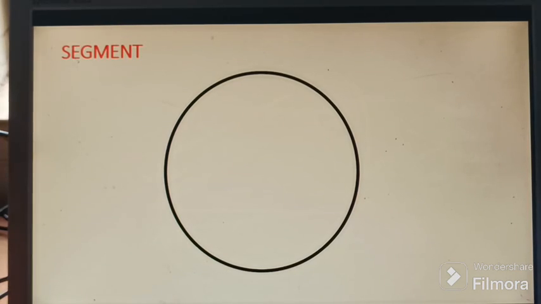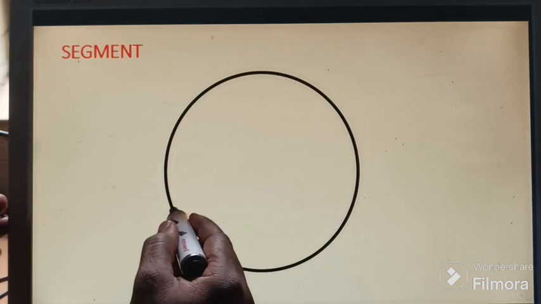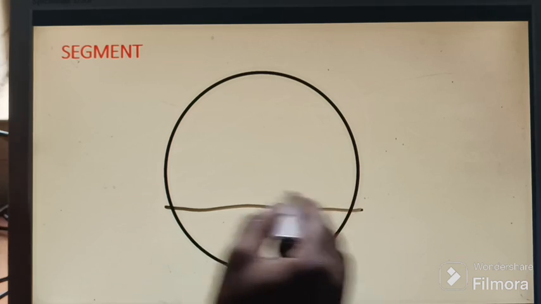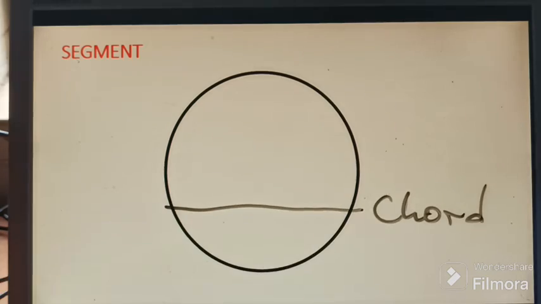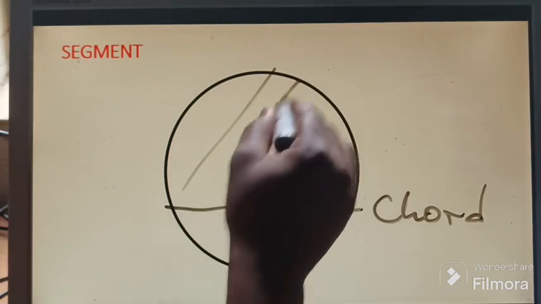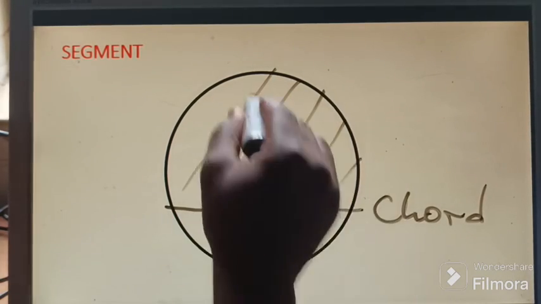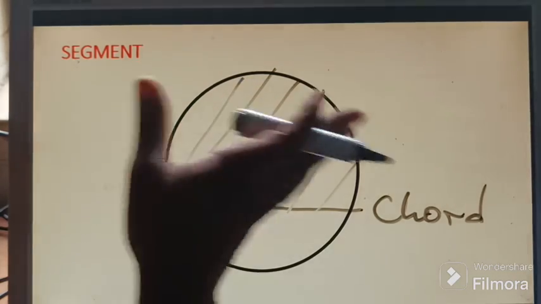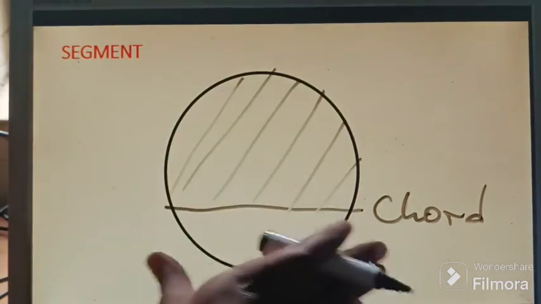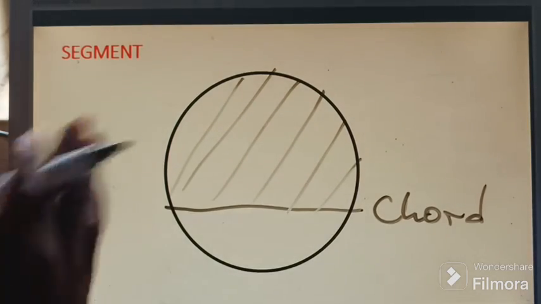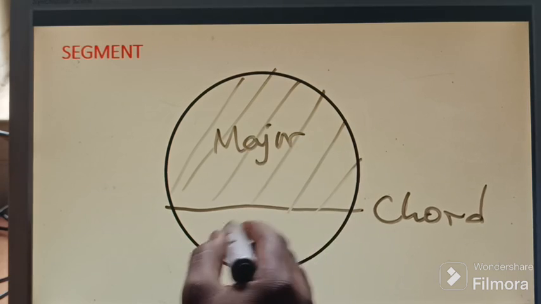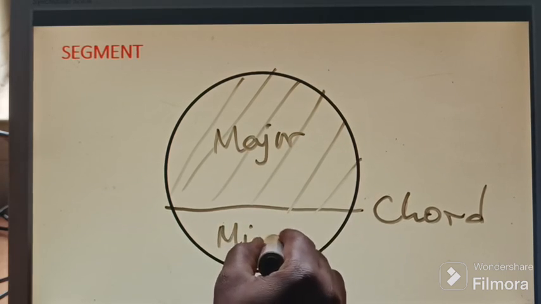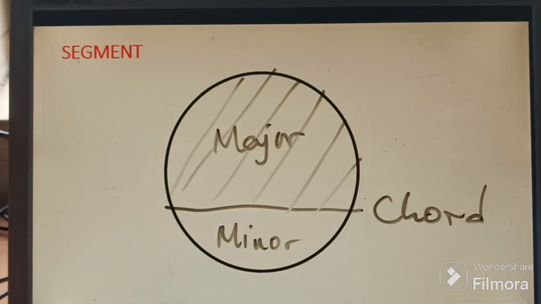A segment. We were talking about a chord. When we say a chord has cut a circle at 2 points, if this is our chord, it means it has divided the circle, the area of the circle, into 2 parts. This one will be our major segment and this one will be our minor segment.